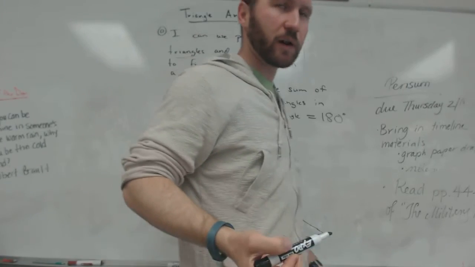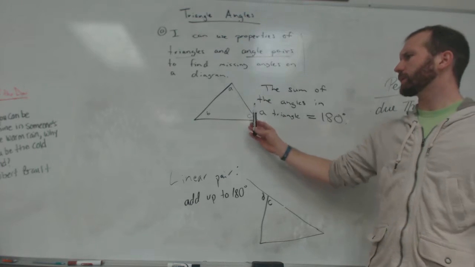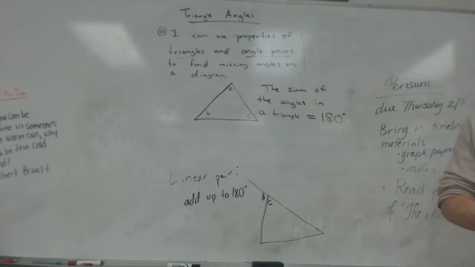Doesn't matter what type of triangle it is, every triangle has three angles that add up to 180 degrees. In this triangle, A plus B plus C equals 180.